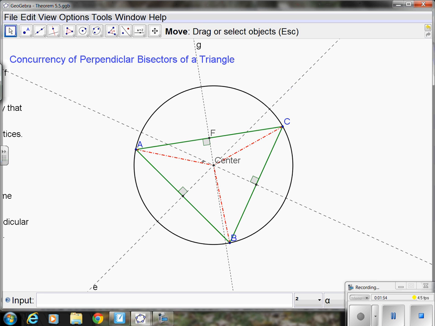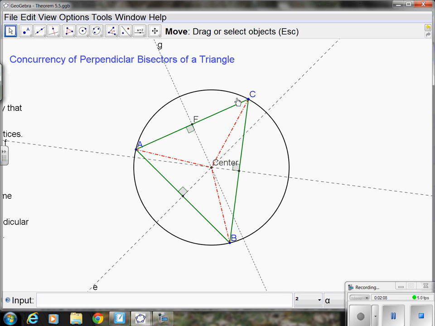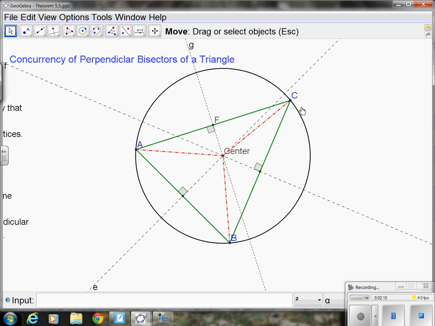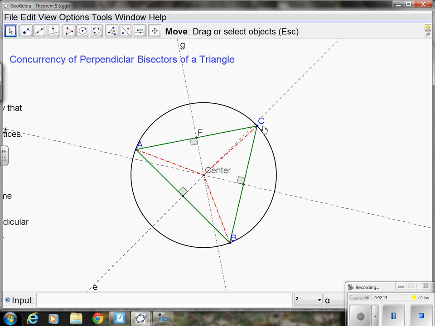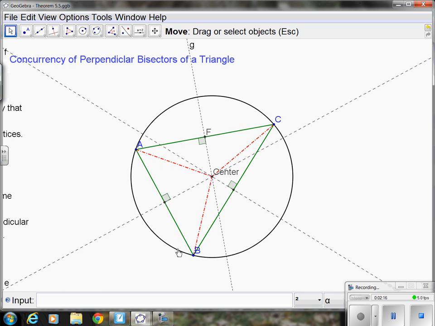This line is the perpendicular bisector of CB. Notice it still goes through this opposite side, but we don't worry about that intersection. We're worrying about this intersection. And as I move these points around, notice the perpendicular bisectors, all three of them, always meet at the same spot.